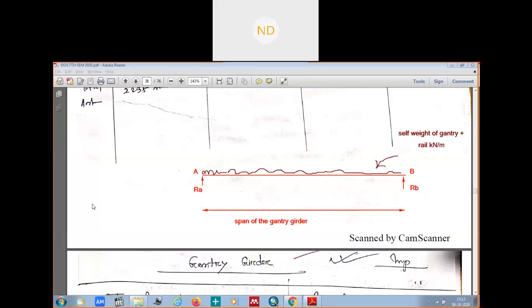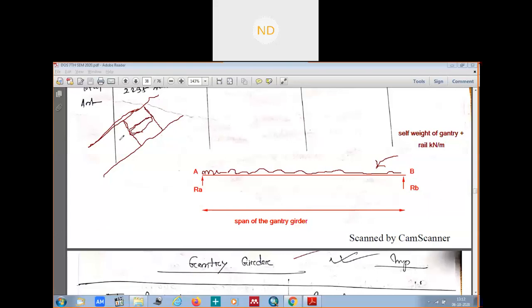if this is your gantry girder, this is your crane girder. Here will be your trolley or the crab.